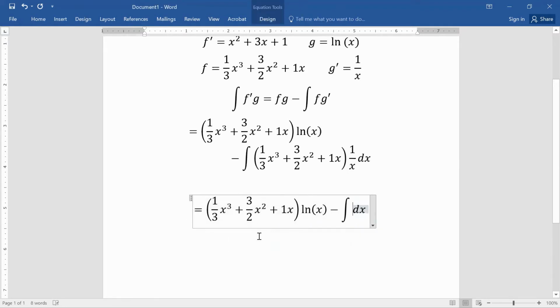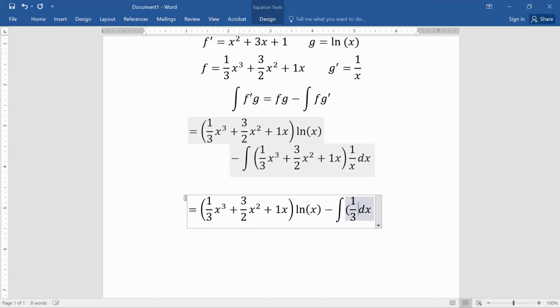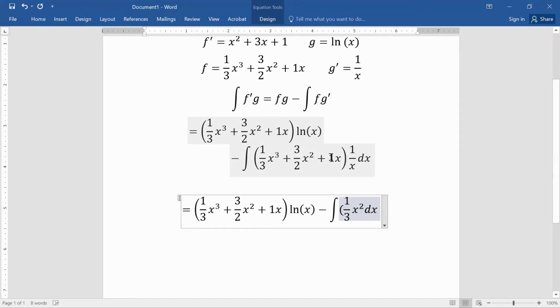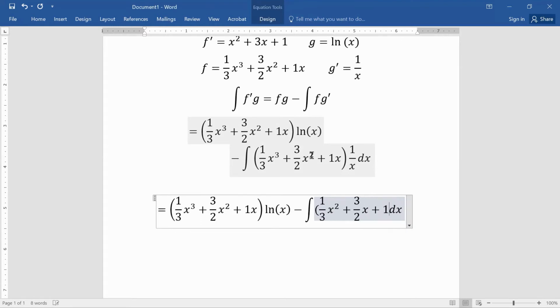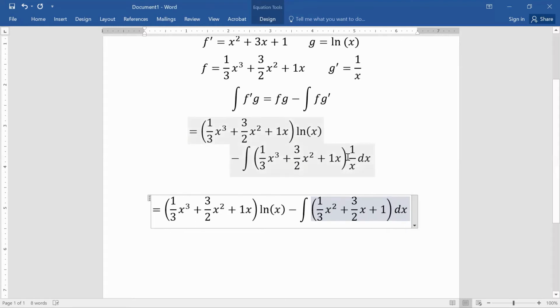I'm just distributing. 1 over x times 1/3 x to the third is 1/3 x to the second. 1 over x times 3/2 x squared is 3/2 multiplied times x to the first. 1 over x multiplied times 1x is just 1.